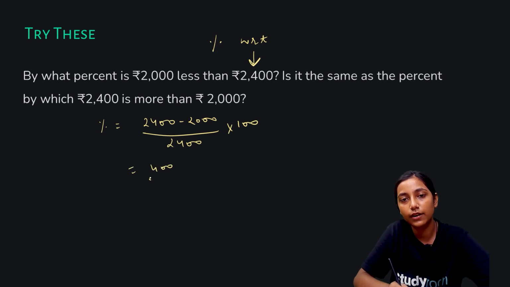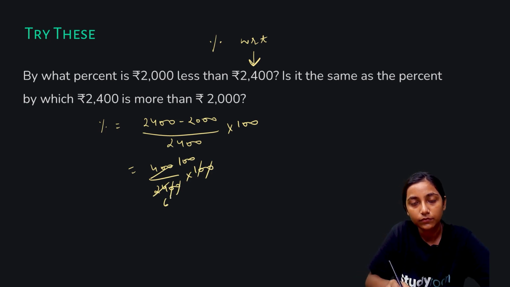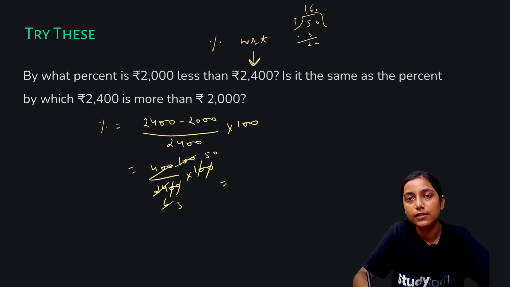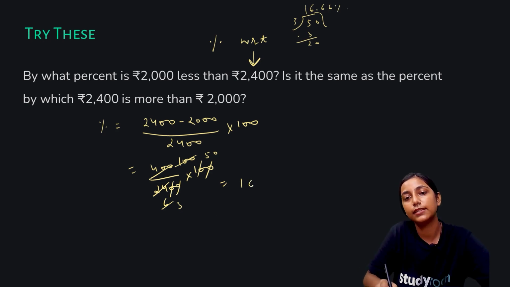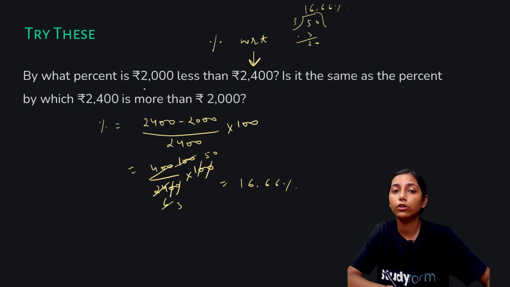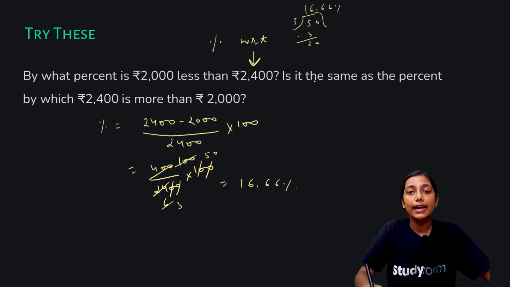This is 400 divided by 2400 into 100, which is 16.666%. So 2000 is less than 2400 by 16.66%.